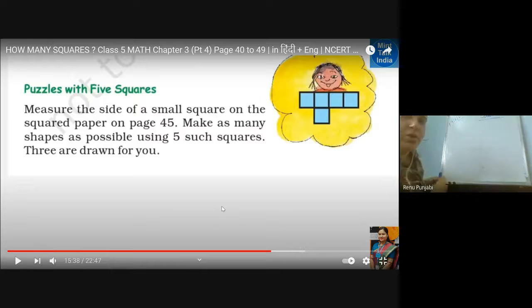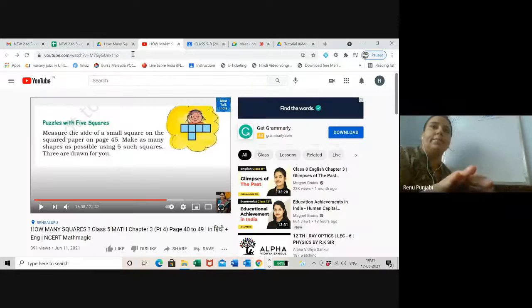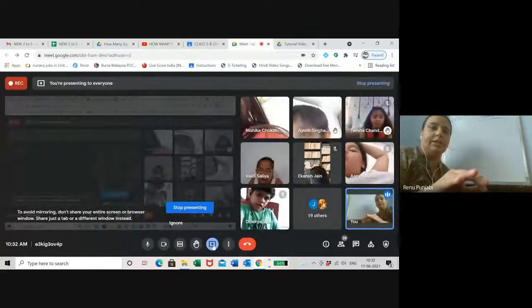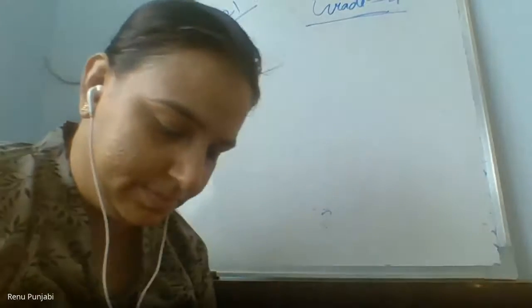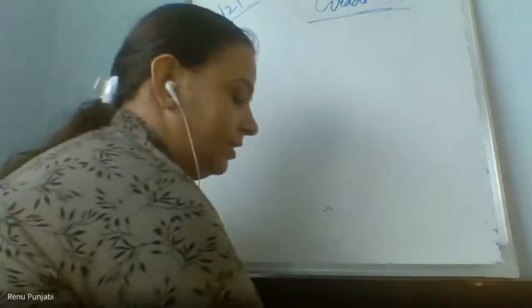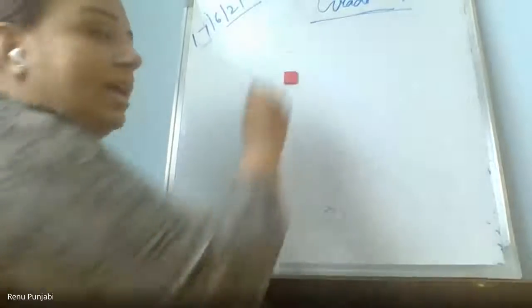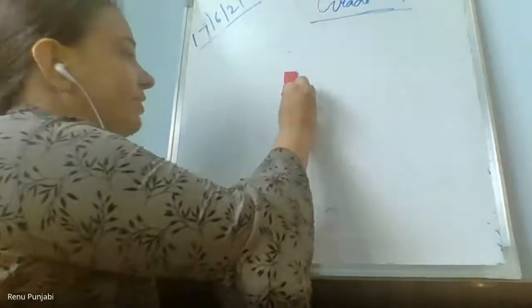Can you all see my board? I will show you. Wait a minute. I'll stop my presentation. Then I will show you. Suppose I have 5 squares with me. I can arrange them into different ways.